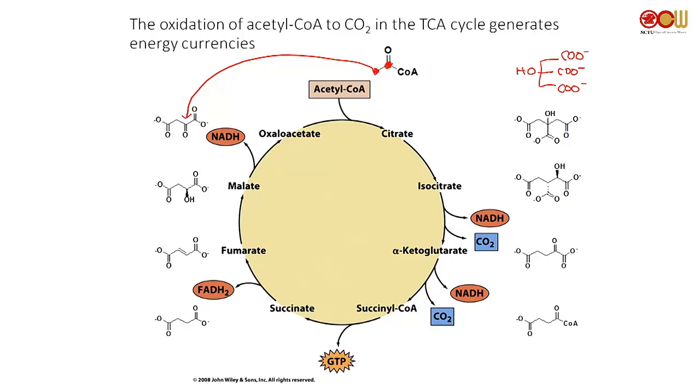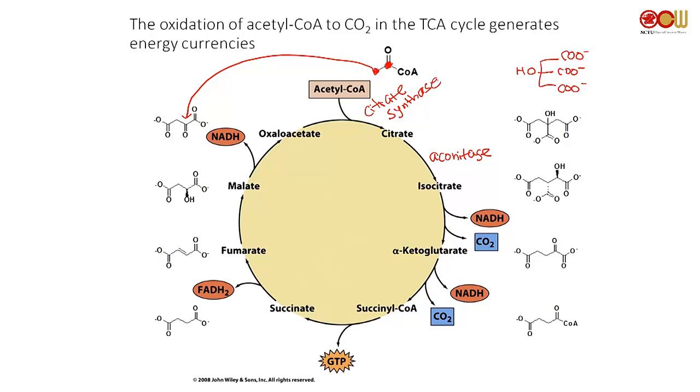Citrate. If you look at citrate, you'll see that it is pretty symmetrical, which makes citrate not a chiral molecule, so it's achiral. Then you use an enzyme called aconitase. And by the way, here is citrate synthase.